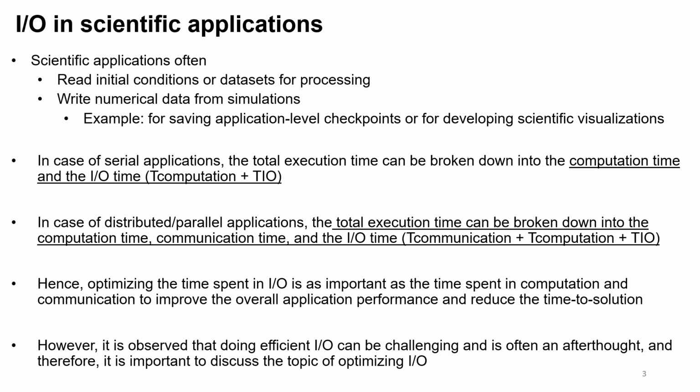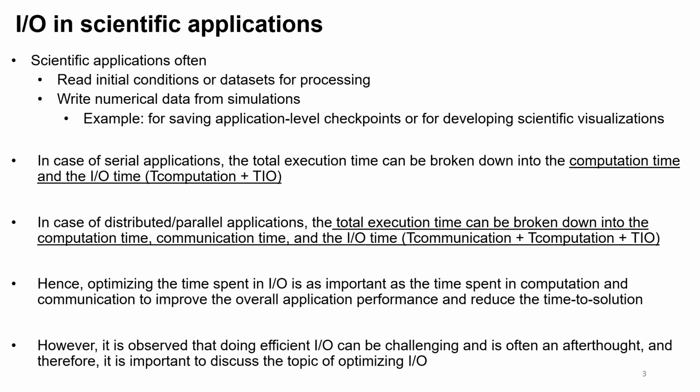In the case of serial applications, let's say, the total execution time is calculated as the time spent in the computation itself and the time doing the I/O. In the case of distributed or parallel applications, the total execution time can be broken down into 3 components: time taken for communication between the processes engaged in doing parallel computation, time taken for the computations themselves, and the time taken for doing the I/O.